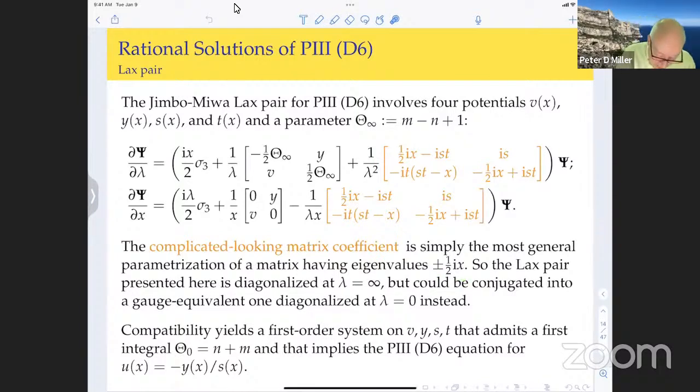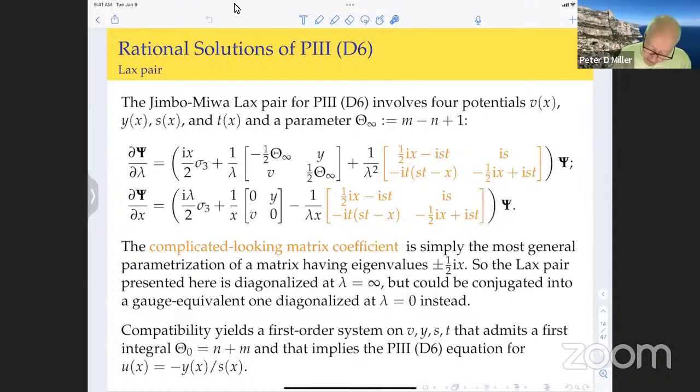So that's basically the same as this matrix over here. In this case you've chosen to diagonalize the leading terms at infinity, but you could have decided by some constant gauge transformation to instead diagonalize the terms at 0. You could do it either way, it really doesn't matter. The leading terms at infinity and 0 are both diagonalizable, which is characteristic of the D6 general version of the Painlevé-III equation.